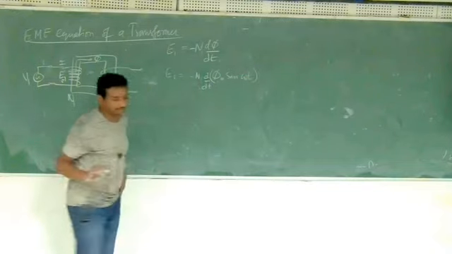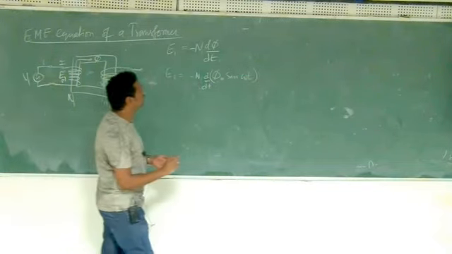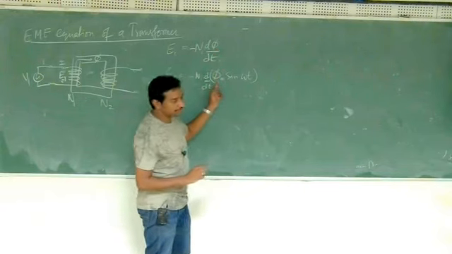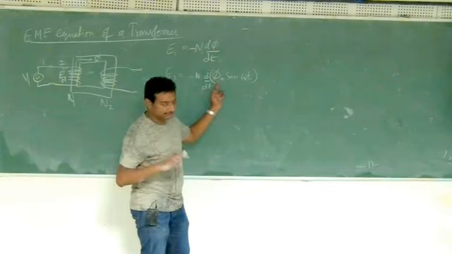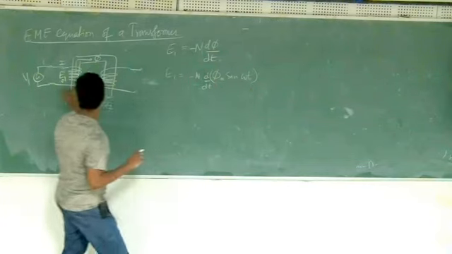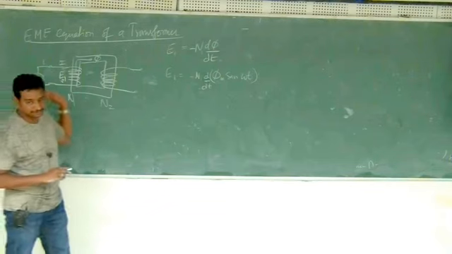This is nothing new, I am just replacing phi. What is the difference between phi and phi m? Phi m is a constant maximum value of flux, and sin omega t is there. Omega is the frequency at which I am applying this, 2 pi f.